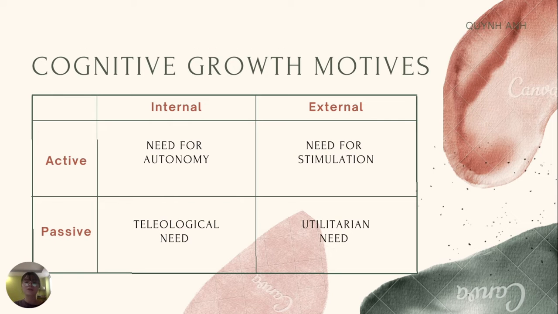Utilitarian needs refer to consumers' demand for acquiring useful information by approaching situations. That concludes the first 8 McGuire psychological motives. Next, we will identify the other 8 needs for you.